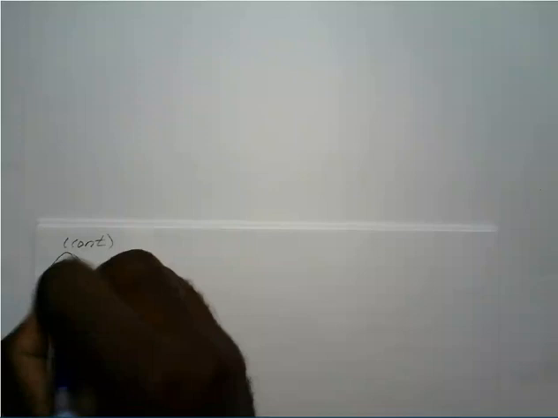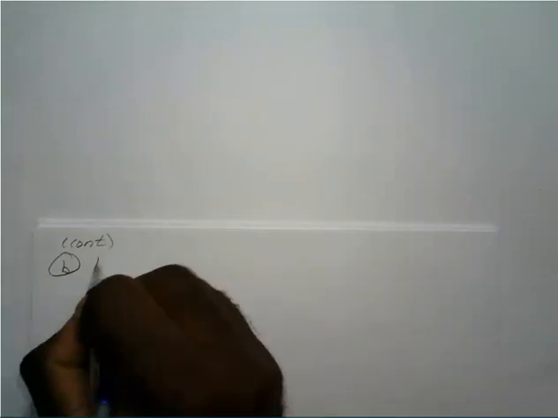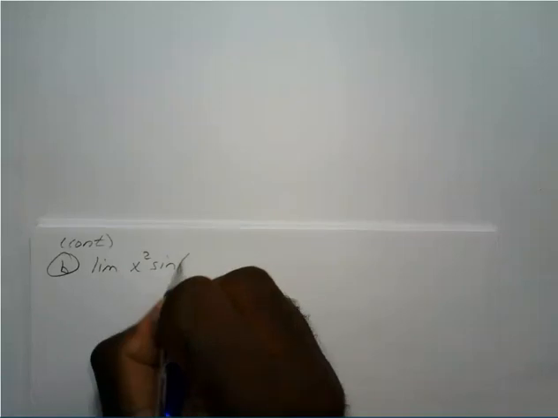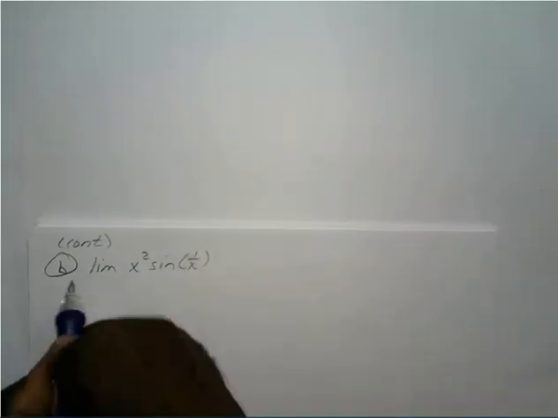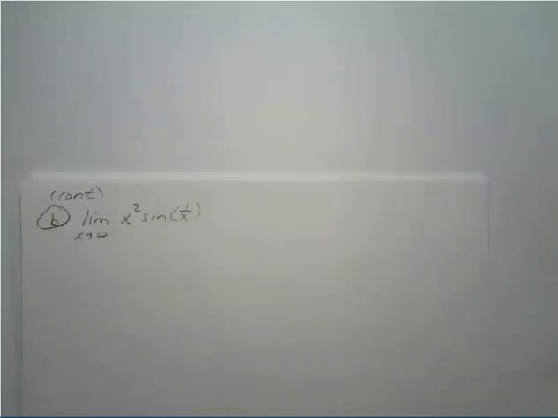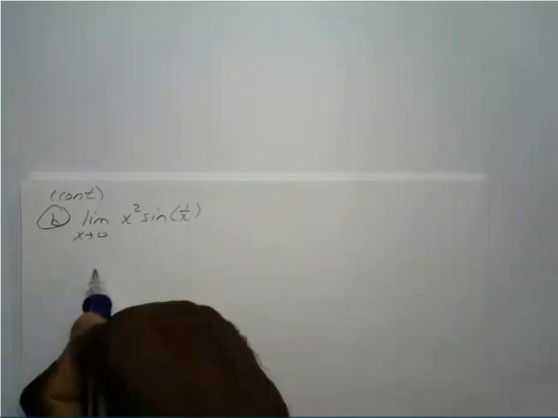So we'll do problem B, which is the limit of x squared sine 1 over x as x approaches 0. Again, we're going to use the squeeze/sandwich theorem.